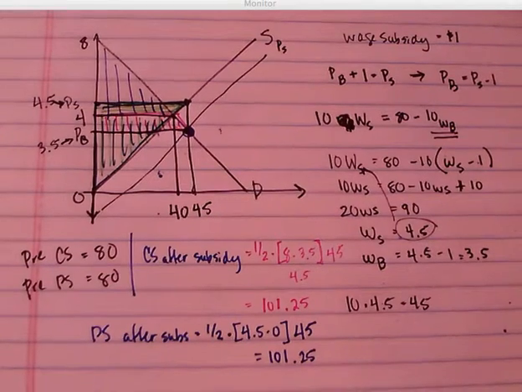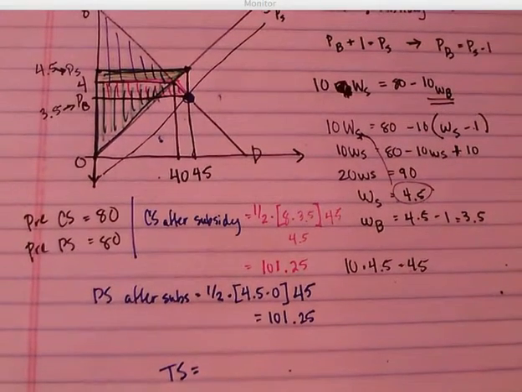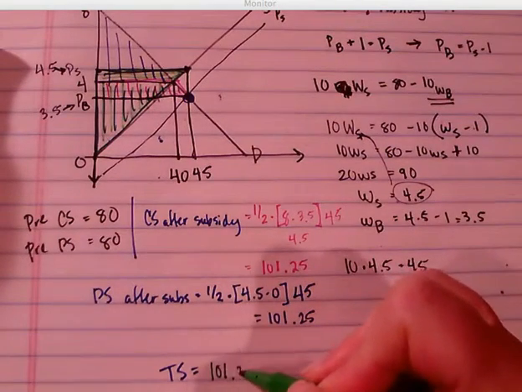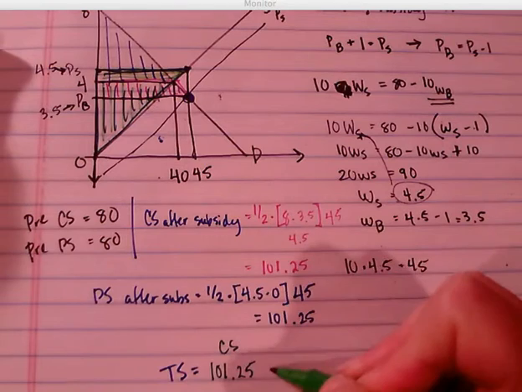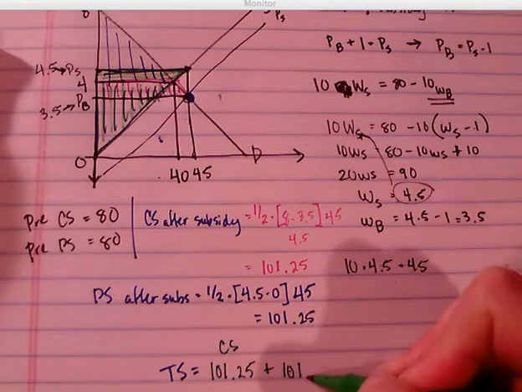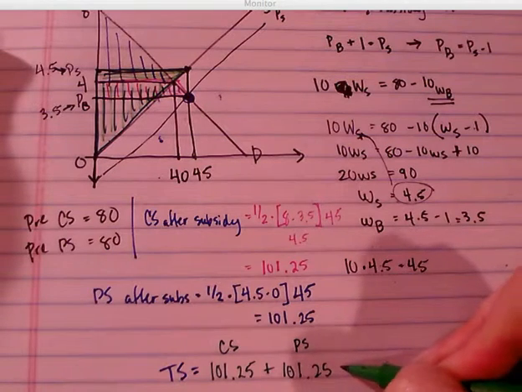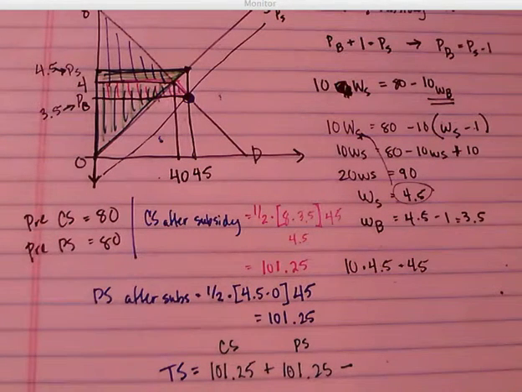So now if we want to think about total surplus after the subsidy, we've got the 101.25 of consumer surplus and the 101.25 of producer surplus, but we have to think too about the amount that the government is pushing into this system, right?